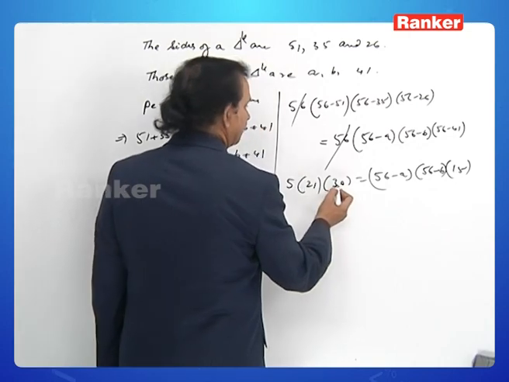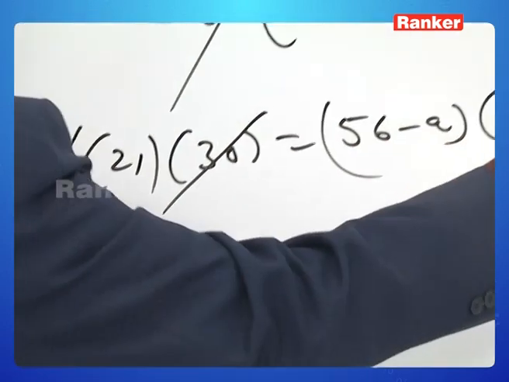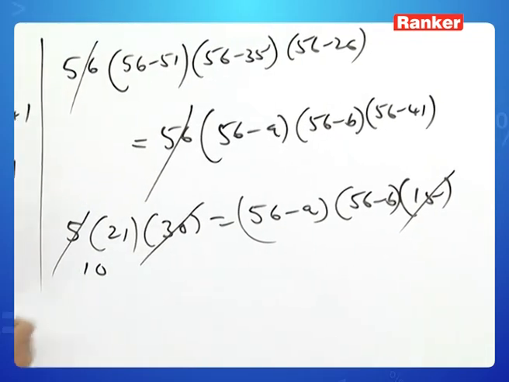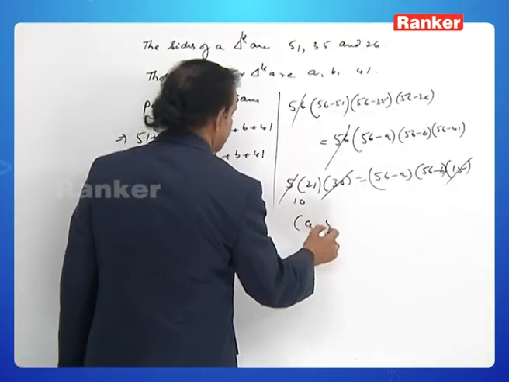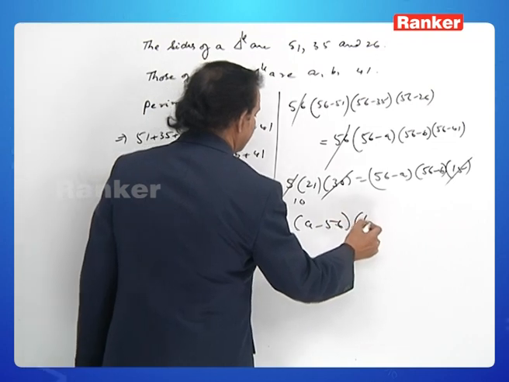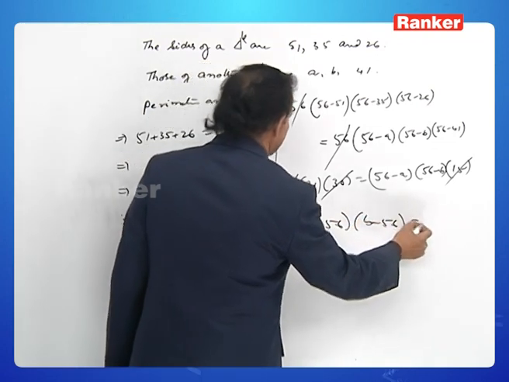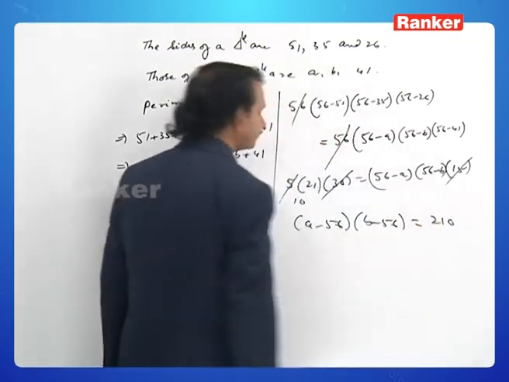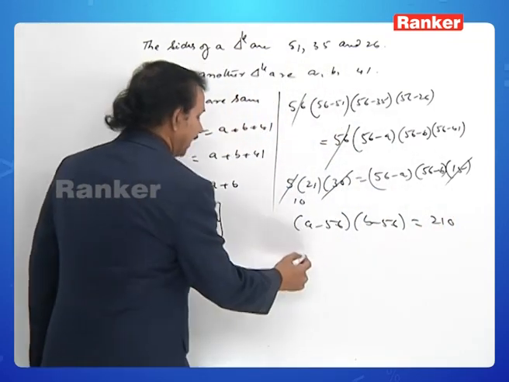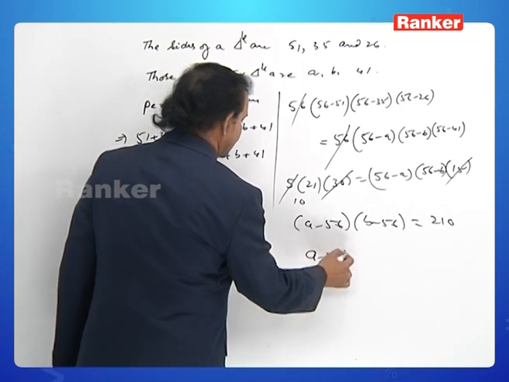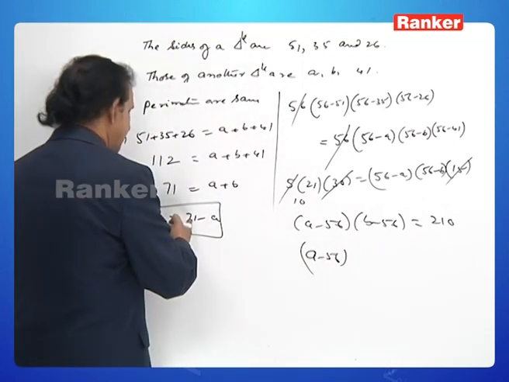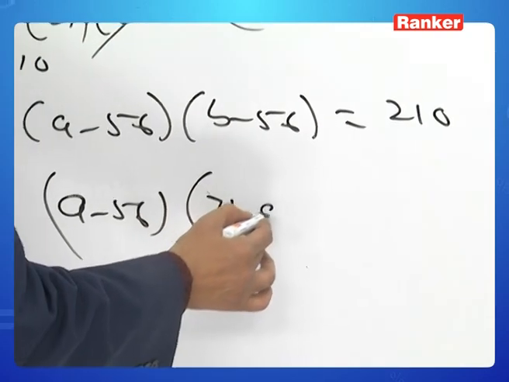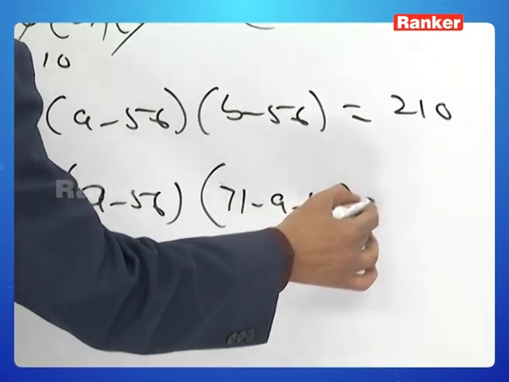15, 5 that is 150 — 10 remains. What do you have? A minus 56 into B minus 56 is equal to how much? 210. Now A minus 56 into, in the place of B, what can you write? 71 minus A. So 71 minus A minus 56 is equal to 210.